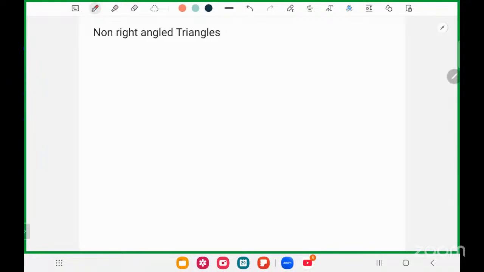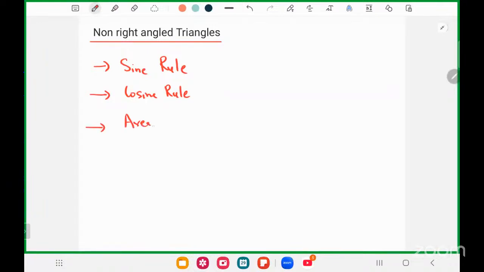Non-right angle triangles are those which do not have a 90-degree angle in them. When we talk about non-right angle triangles, there are three things that we need to study: sine rule, cosine rule, and area of a non-right angled triangle.